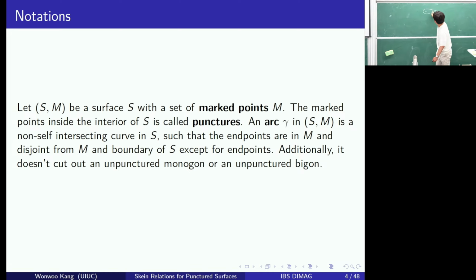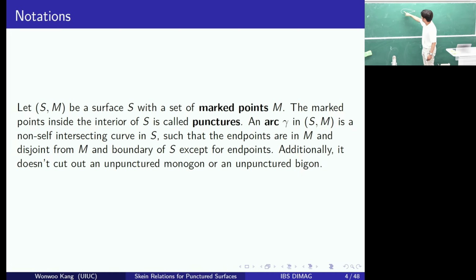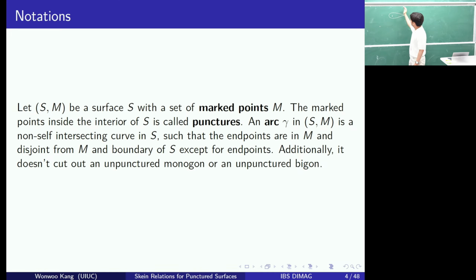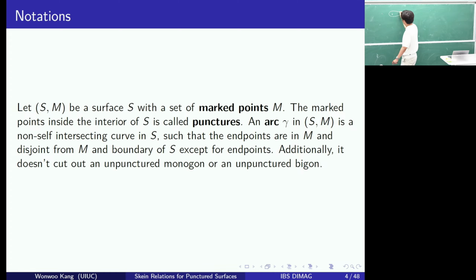There is a monogon, but there is a puncture inside it, so this is fine. Punctured means that inside any of these parts there should be a puncture. In this case, in the closed part of it, there's a puncture, so this is okay. But if I draw something like this, and the punctures are out there, it's not.